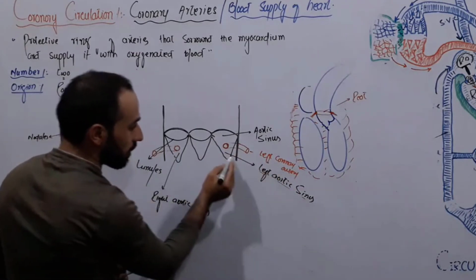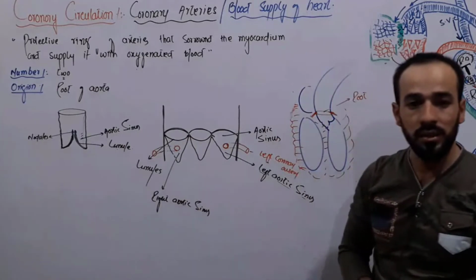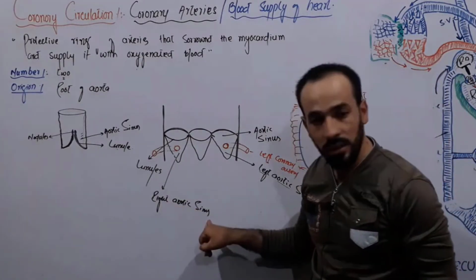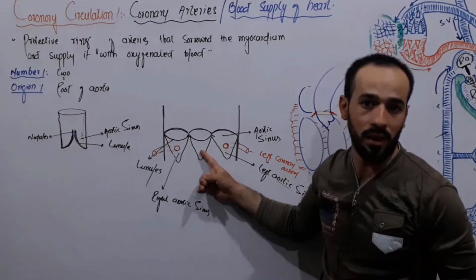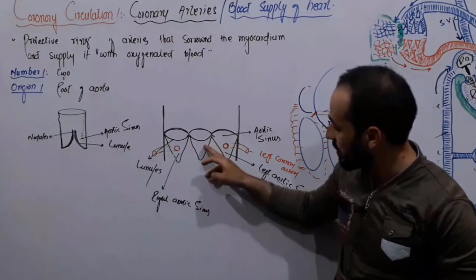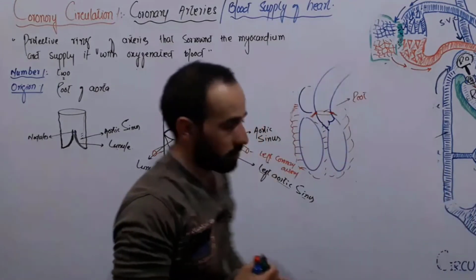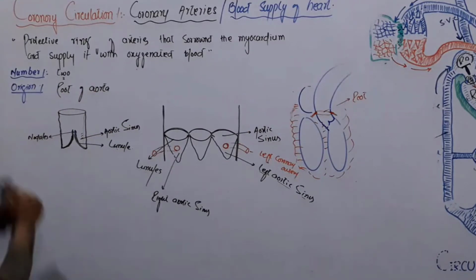The right one arises from the right aortic sinus, and the left coronary artery arises from the left aortic sinus. And this one does not have any hole or opening, so it doesn't give rise to any artery. Clear? This was about the origin.